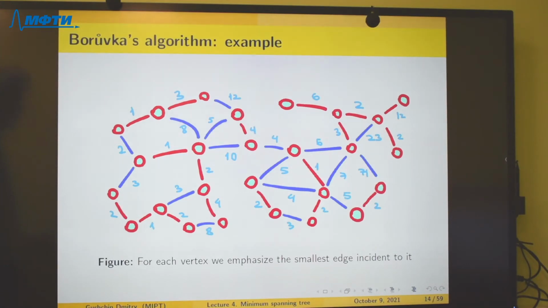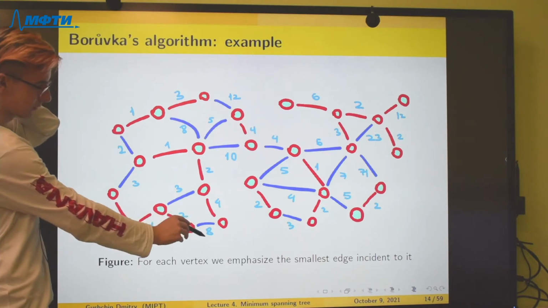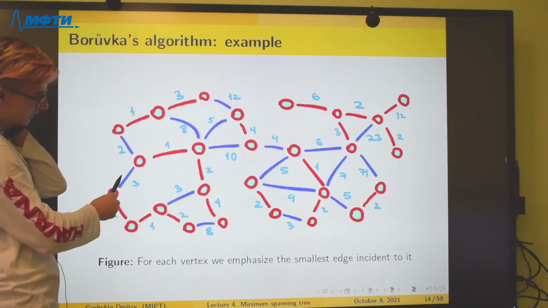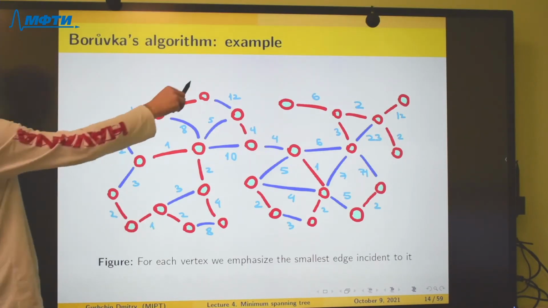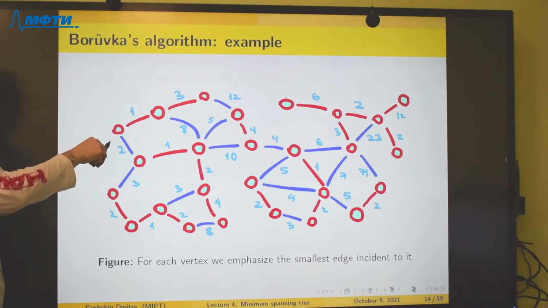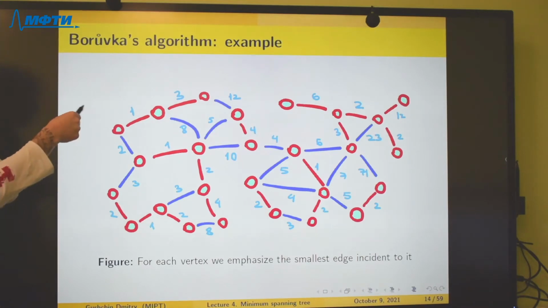So we repeat it for new components. We say that these are new components, and we have a cut, and we add, for example, this edge or this edge. We have this cut, and we add this edge because it is the minimum cost in this cut. And repeat it for all new components.